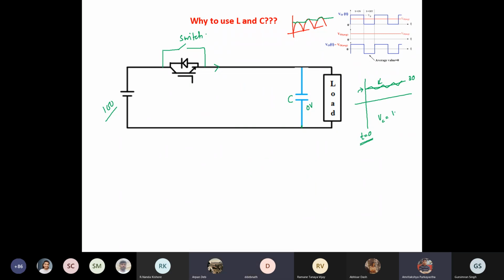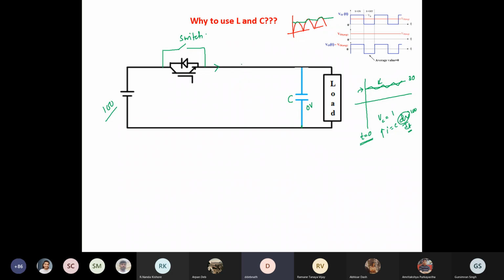I equal to C dV by dt. You can understand that in almost 0 seconds, this dV has to be 100. So this dt will be very, very small, maybe nanoseconds, right? So this current is going to be very, very high. So this may burn your switch. So in between, you must provide something to limit the current, isn't it? And this is not the only problem at the beginning.